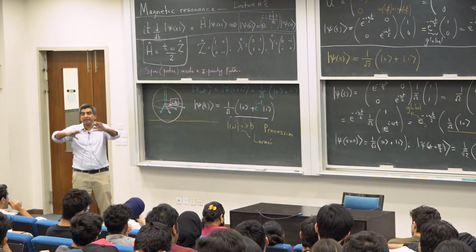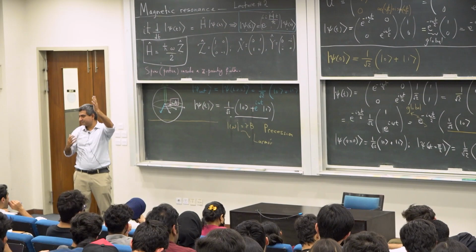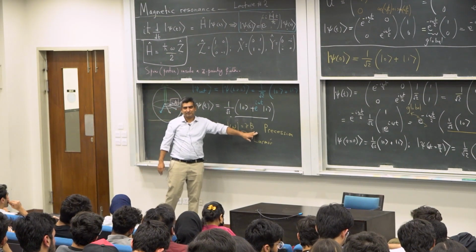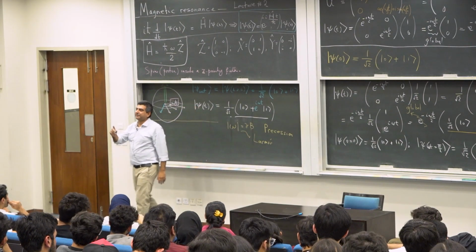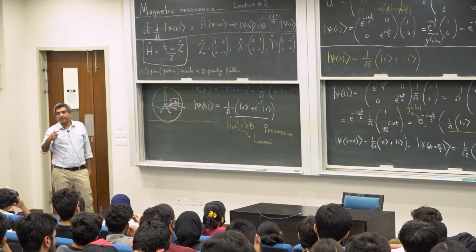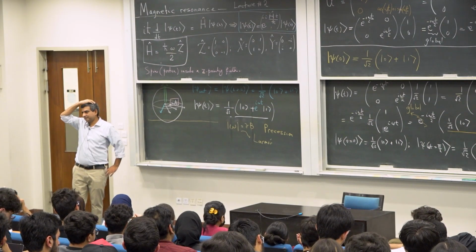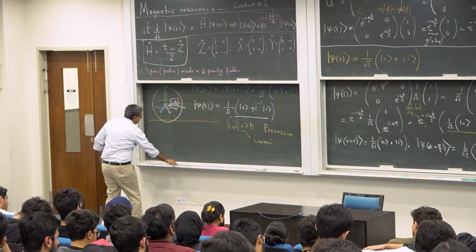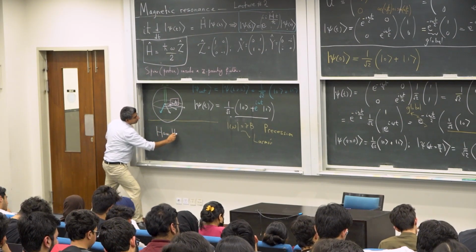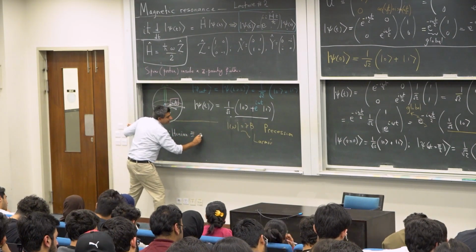Okay, let's keep it simple. You need an axis of rotation and you need the amount of rotation. So in this case, if you view this quantum state's precession as a rotation, there's an axis of rotation. What's the axis of rotation here? Exactly. The Hamiltonian defines the axis of rotation.